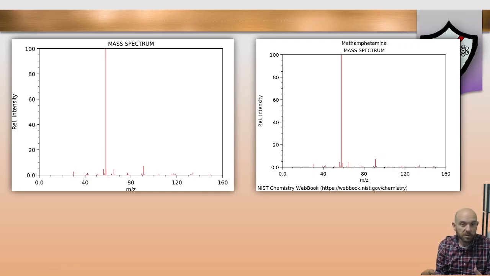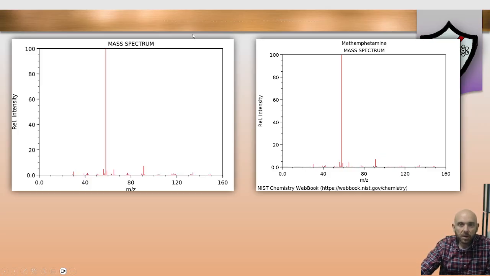Not only can we use that as an identification tool, we can put a completely unknown compound in the mass spectrometer and determine the molecular weight. And we'll discuss in a few future slides how we can use that to start to deduce what the overall molecular formula might be.